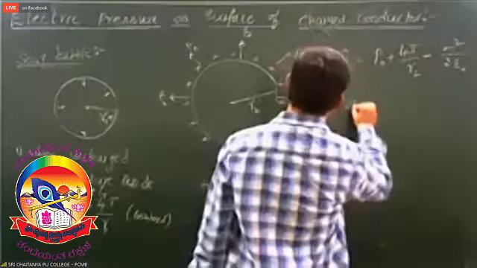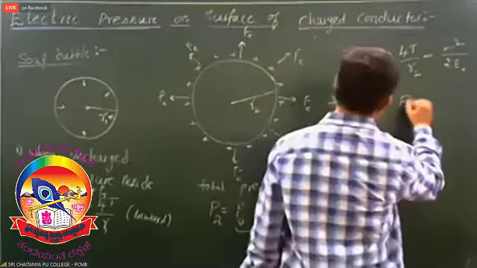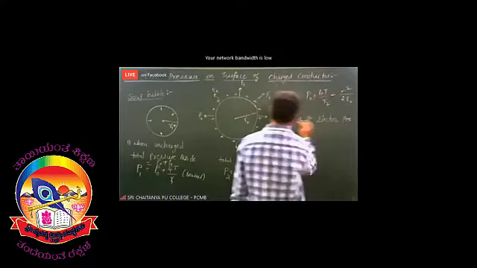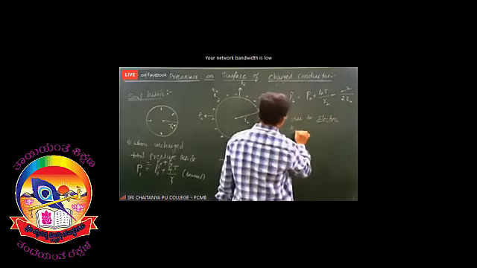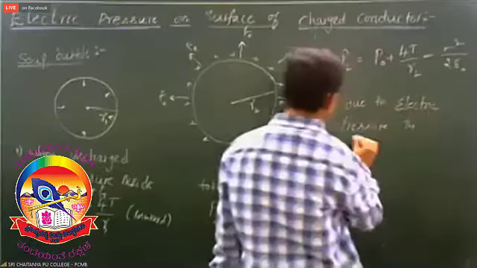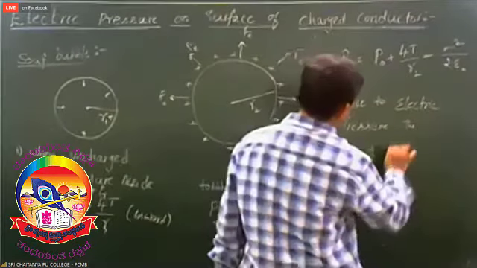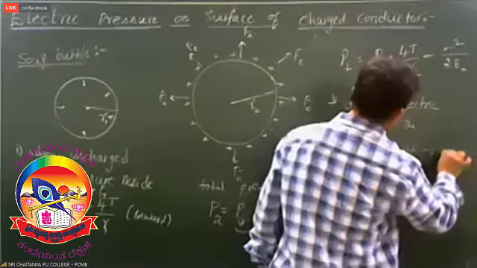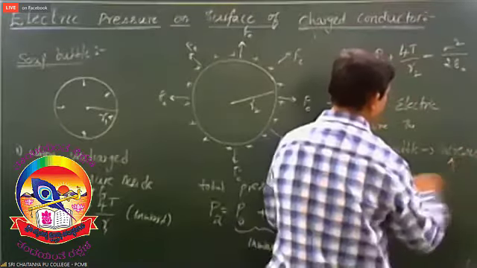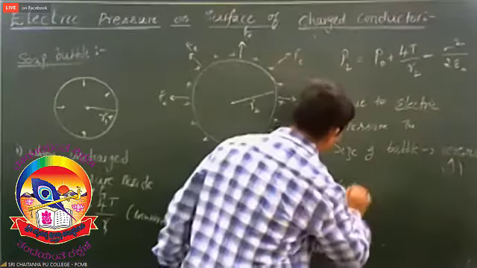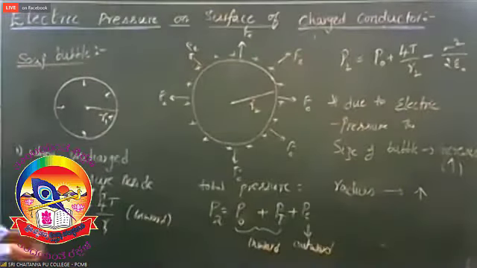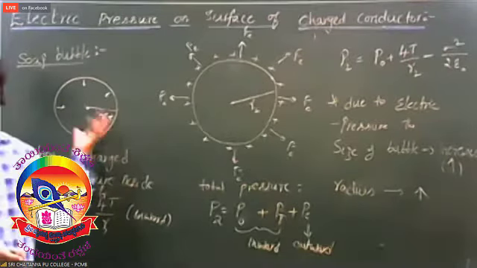Due to electric pressure, the size of the bubble increases. Size of the bubble increases. Radius increases. Remember.